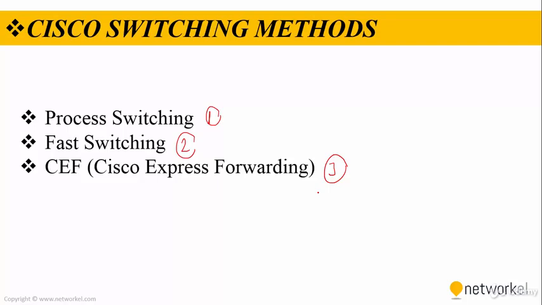The CEF, which is Cisco Express Forwarding method, uses hardware routing tables for the most common traffic flows with only a few exceptions. If you are using CEF, forwarding processes are often separated from other tasks.